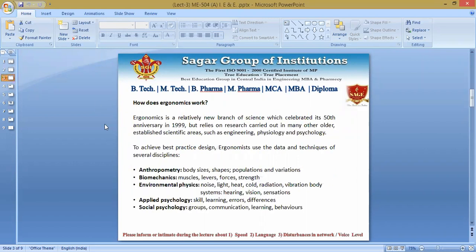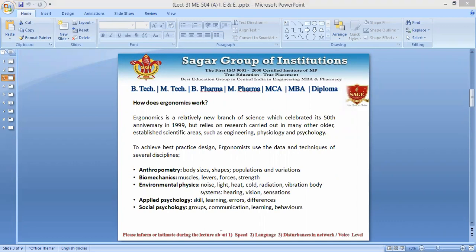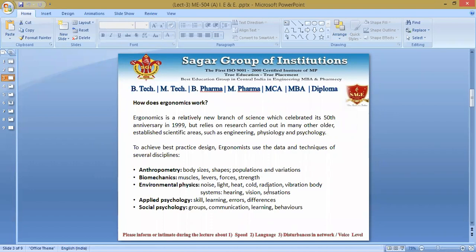Now coming to the next slide, how ergonomics works. Ergonomics is a relatively new branch of science, and almost half a decade back it came into the picture, and it relies more on research work than the older scientific methods.